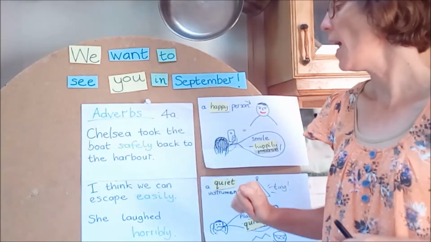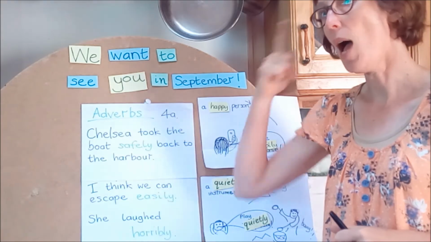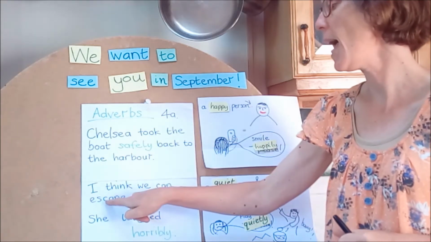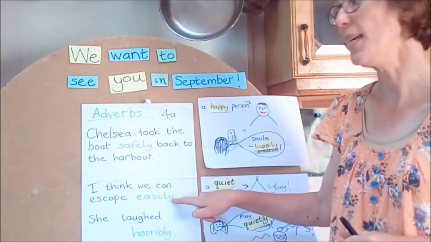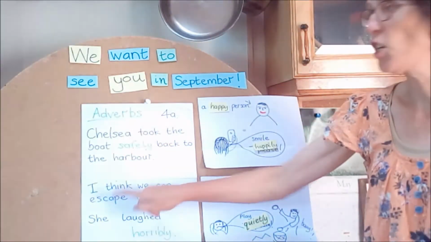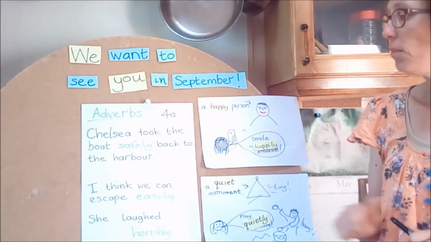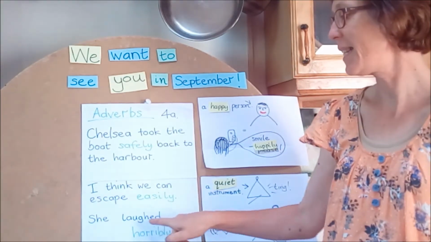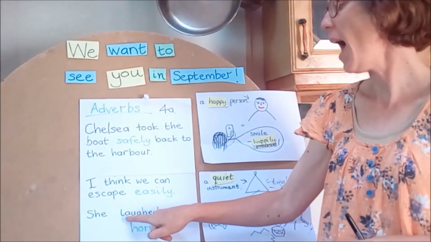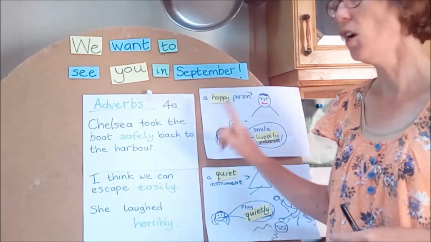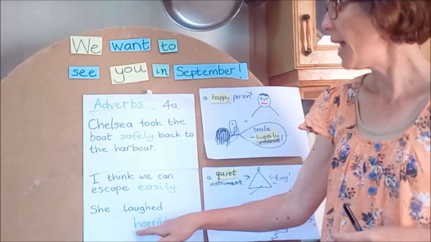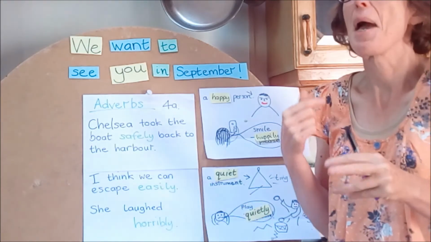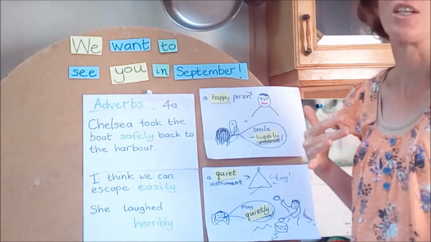This one, Chelsea says, I think we can escape easily. Easy becomes easily. Escape is the action. It's the verb. And Dr. X laughed, not happily, not quietly. She laughed horribly, ha ha ha, like a witch.